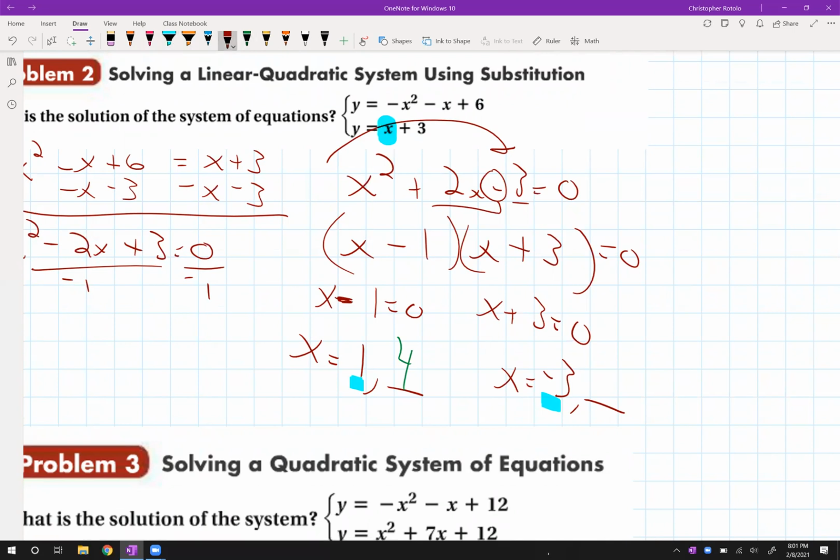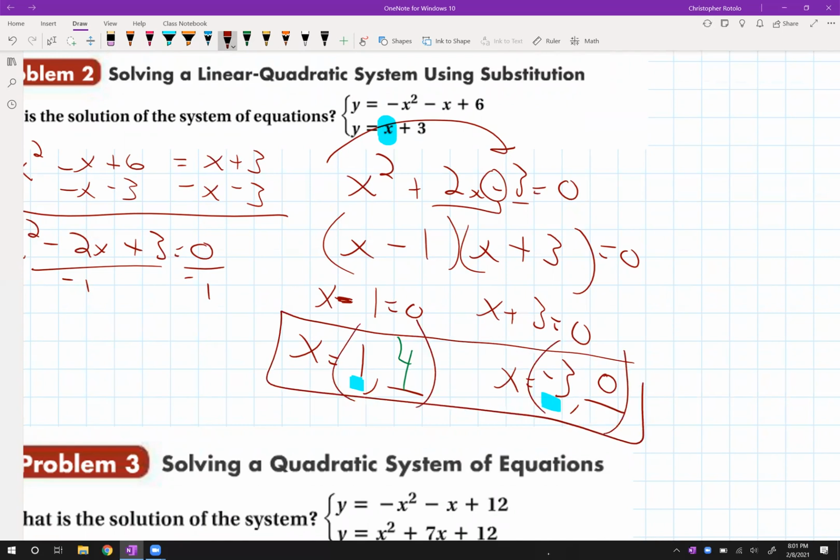So if I took negative 3 plus 3, I get 0. So these are the two ordered pairs, right? We started solving with x values, and then we plugged it in to get y values. Now, what should happen is if I plug negative 3 into the quadratic up here, I'm going to get exactly the same thing. And that's what's pretty cool about it. Remember, they have to share these. That's what a system of equations uses.